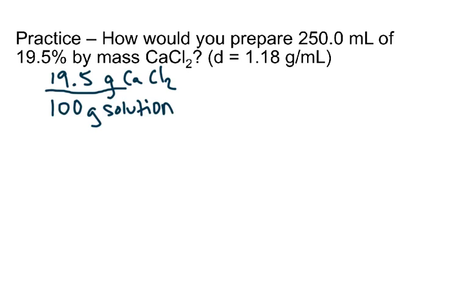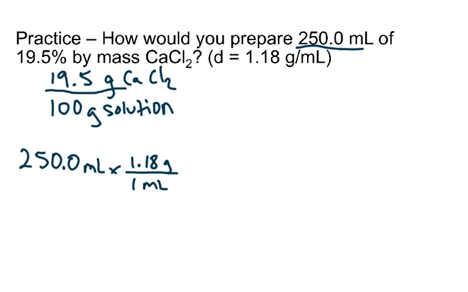I would recommend starting your dimensional analysis with the 250 milliliters. So 250.0 milliliters. We can convert that over to grams using the density. So we know that we have 1.18 grams in 1 milliliter of solution. So now we're in grams of solution.